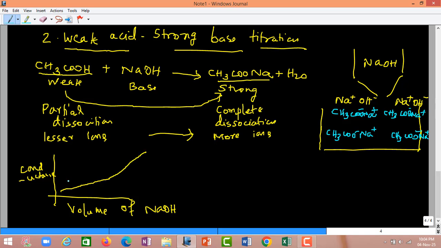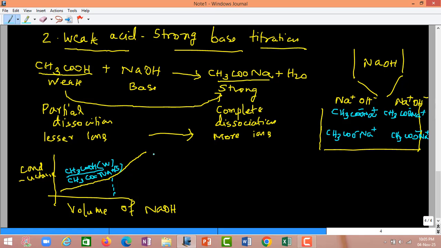The initial increase is due to conversion of acetic acid, which is weak, W indicates weak, into sodium acetate, which is strong, S indicates strong. There is a change in the slope of the straight line at the end point. This is the end point.